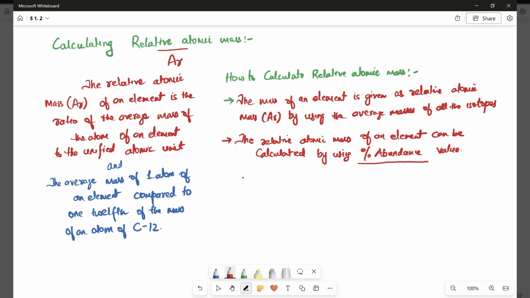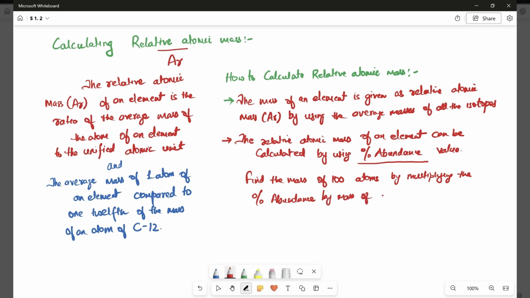For example, let's take an example. Find the mass of, let's say, 100 atoms by multiplying the percentage abundance by the mass of each isotope. How to write the formula for the total mass?